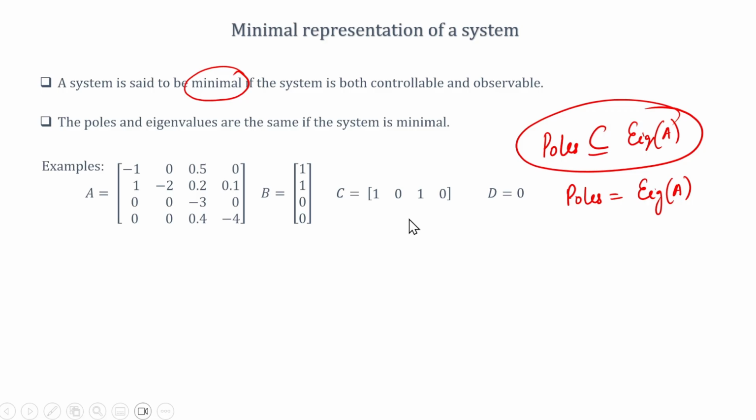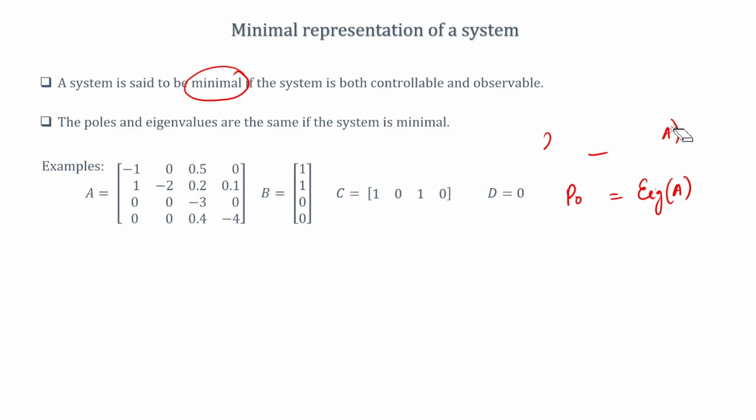So if I take this example and I ask you to find out whether this system is controllable and observable or not, you can directly look at this and say that no, this is not a minimal system, because to start off with, look at A and B, this is an uncontrollable system. Okay, then we can also ask the question whether this system is stabilizable. Let's look at that.